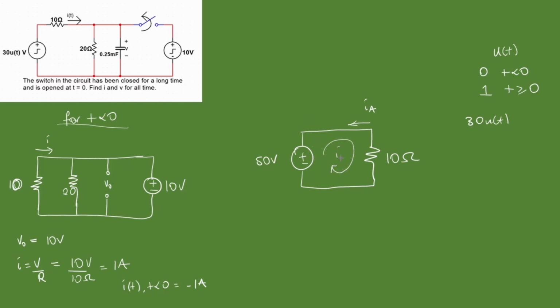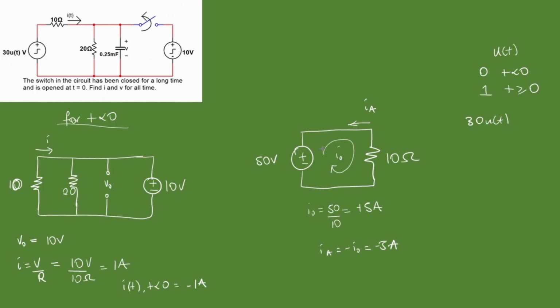Let's call this I naught. So my I naught is normally going to be V over R, 50 over 10, which is plus 5 amps. But since I naught is flowing negative to IA, you're now going to say IA is negative I naught, which is minus 5 amps, which is exactly what happens.